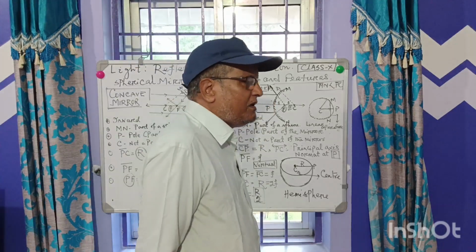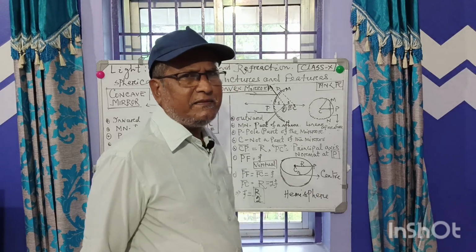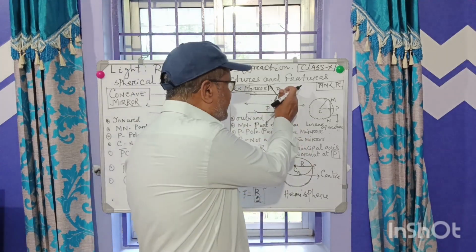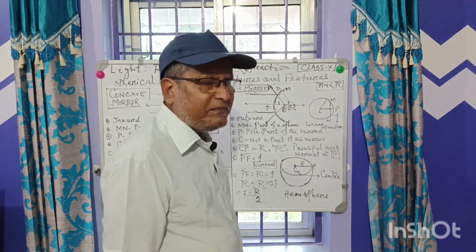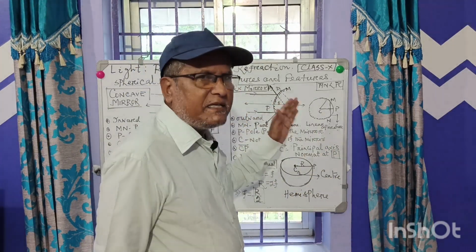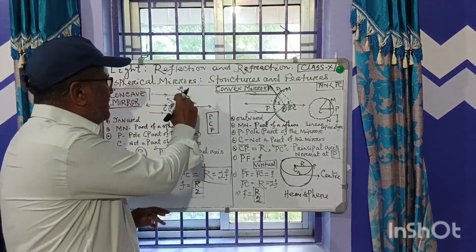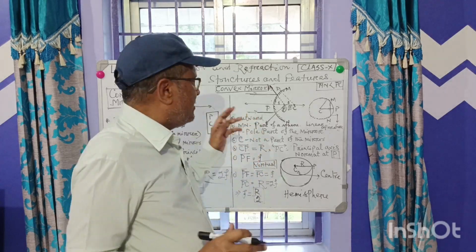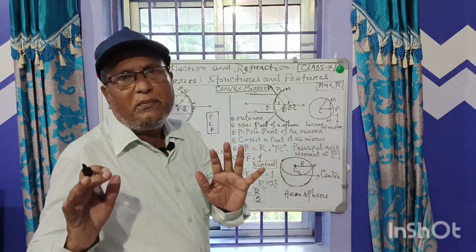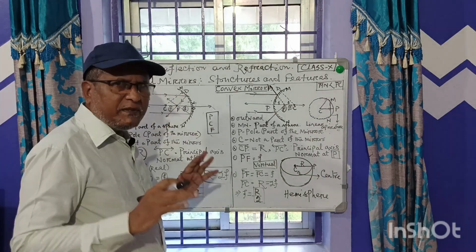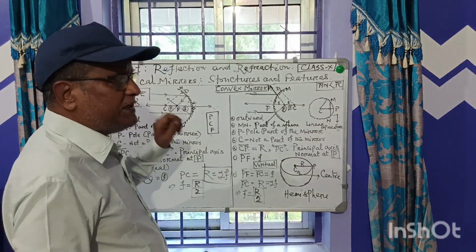And when the outer surface acts as the reflecting surface and the inward surface is opaque, that type of mirror is known as a convex mirror. And in both the cases you see MN, they are the parts of a sphere.